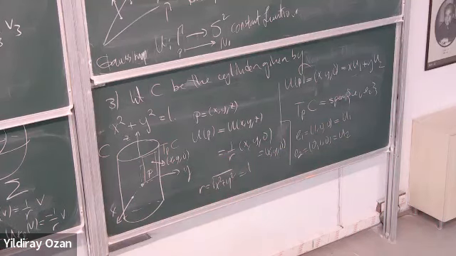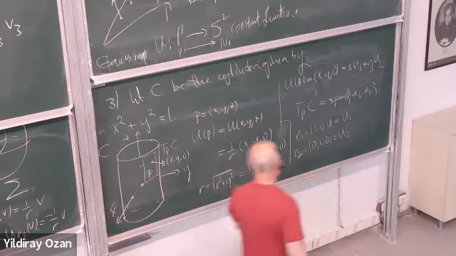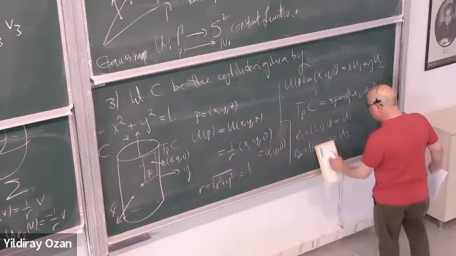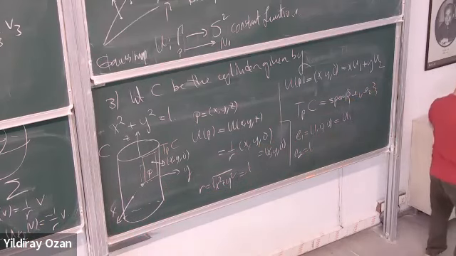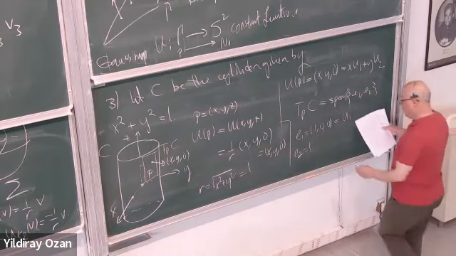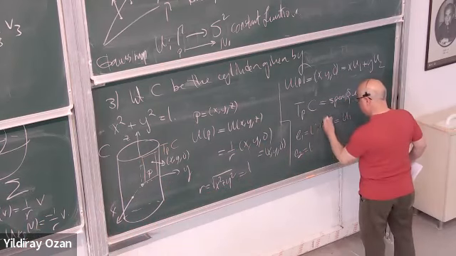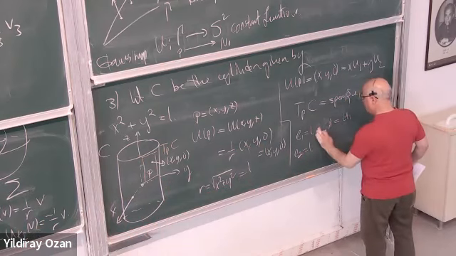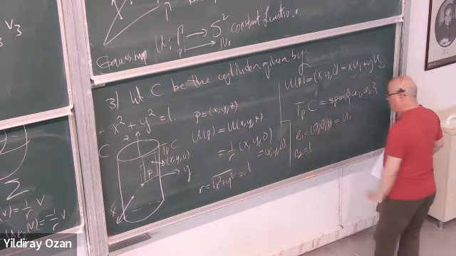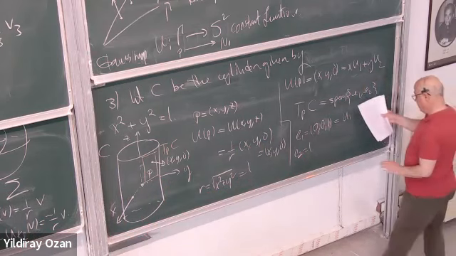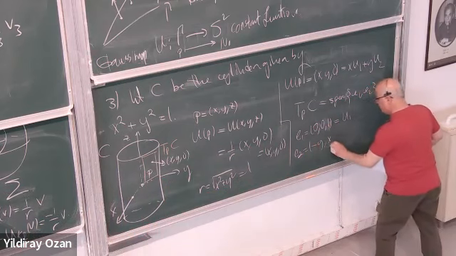Okay, yeah. E1 is this, but E2 is not that one. E1 is not this either. E1 is just 0, 0, 1, and this is minus y x 0.